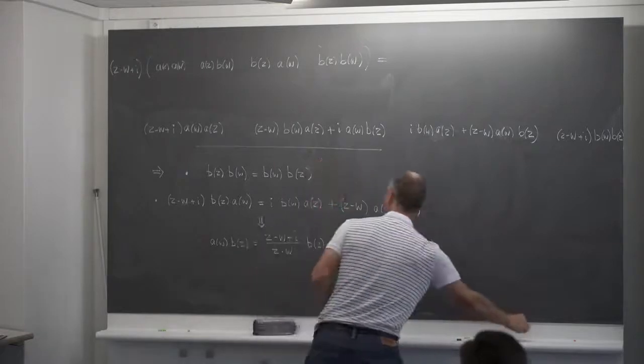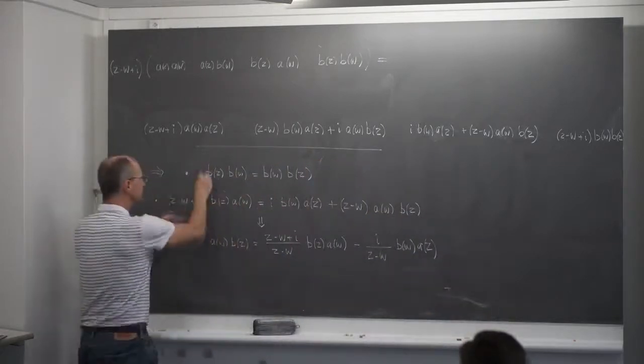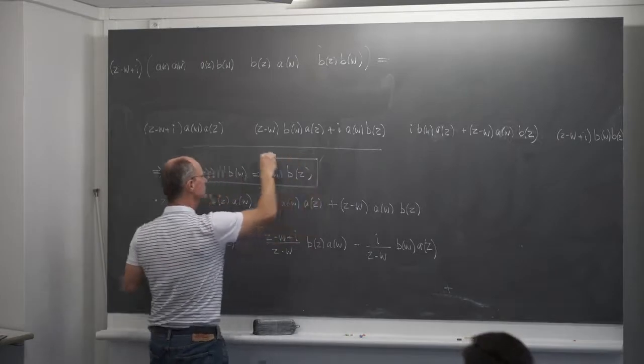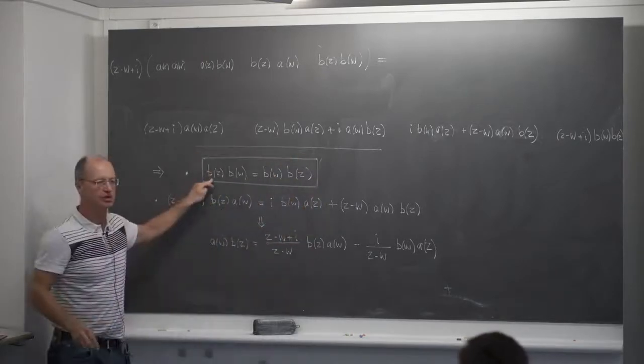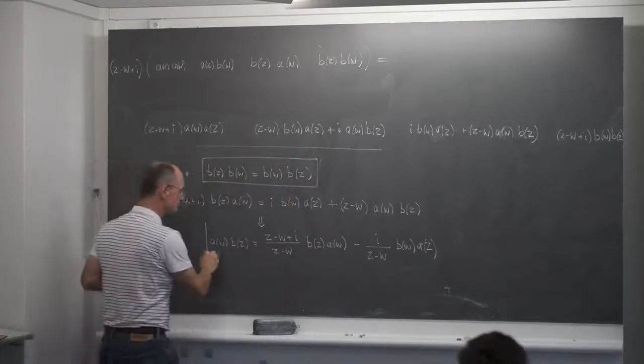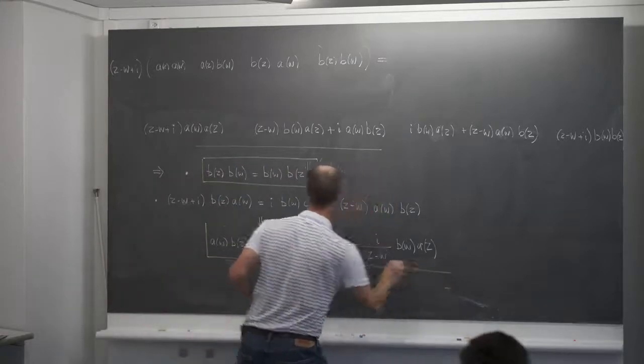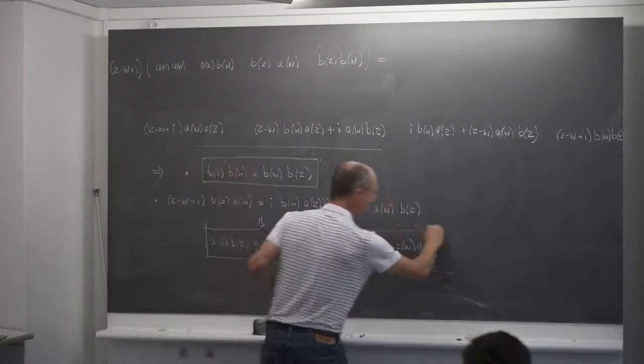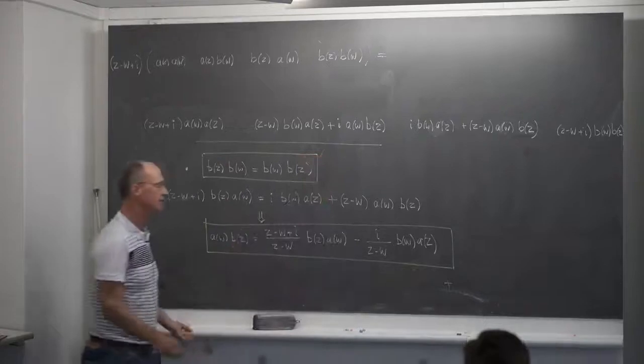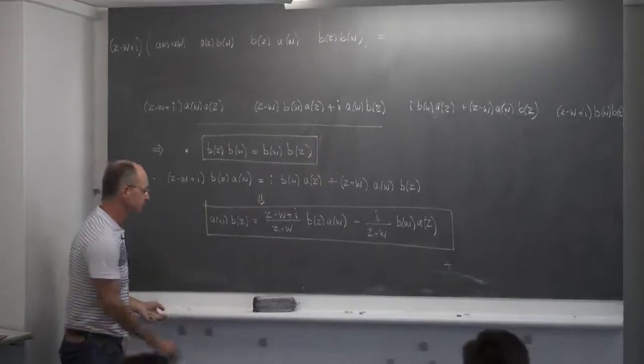So this is a simple-minded relation which just says that those operators commute. So this relation is a complicated, interestingly looking, funnily looking relation.